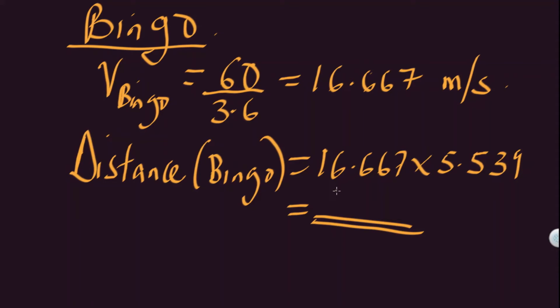This is 92.319. That is the distance covered by Bingo. That is what the question was asking for. The distance is just in meters, 92.319 meters. This is the distance covered by Bingo as he was running back and forth between Sihle and Sipho. That's it.